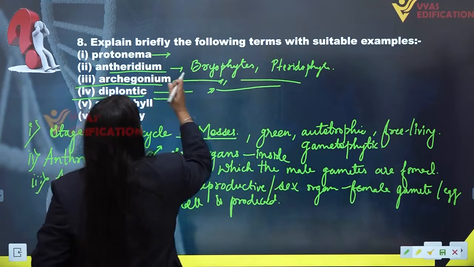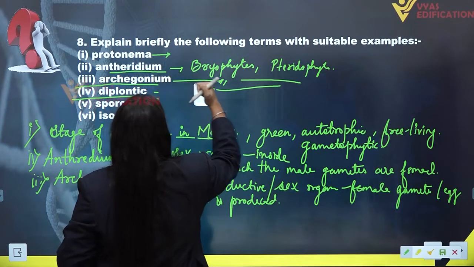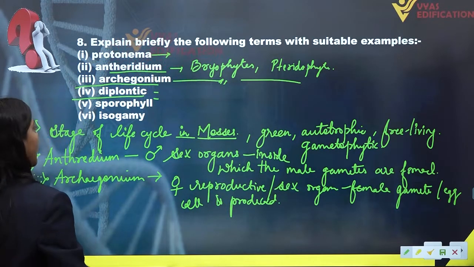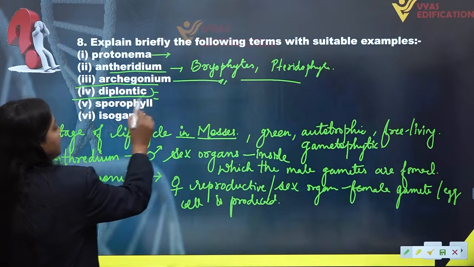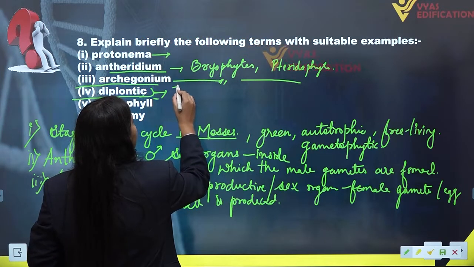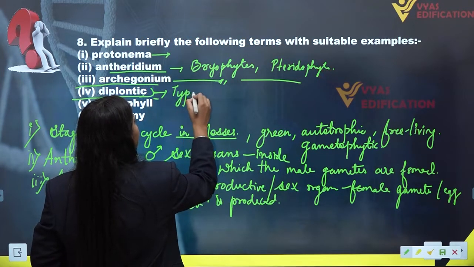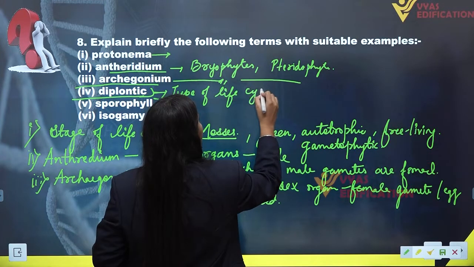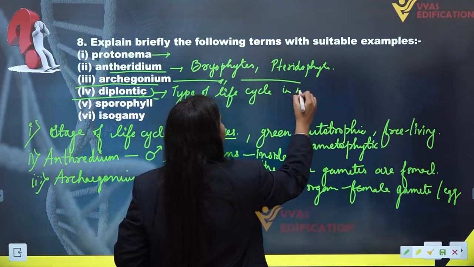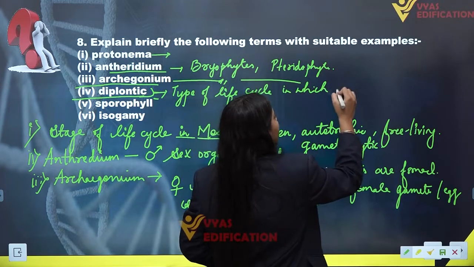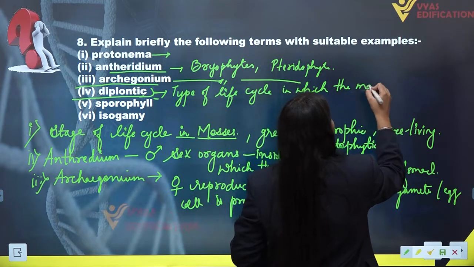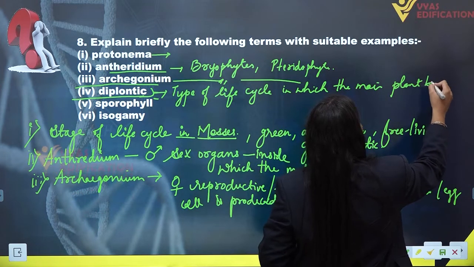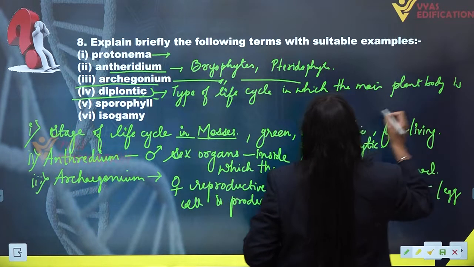And if we talk about the next thing, that is diplontic, then diplontic is actually a type of life cycle in which the main plant body is sporophyte.